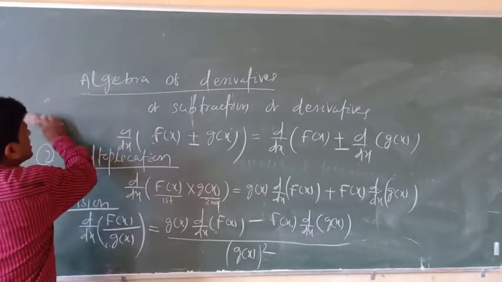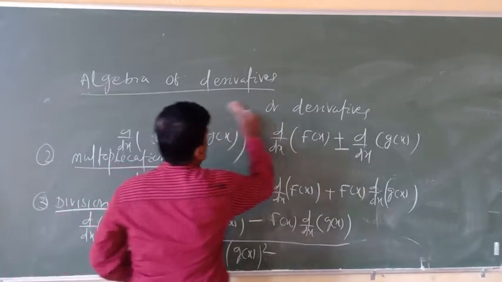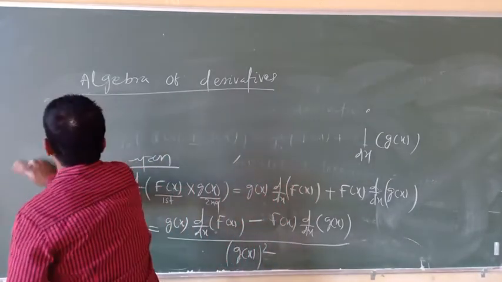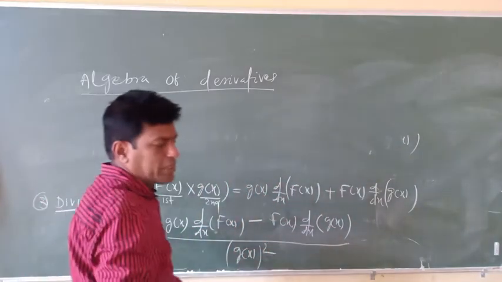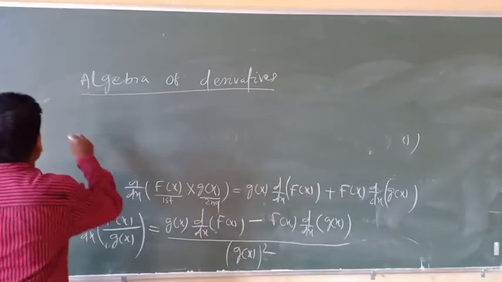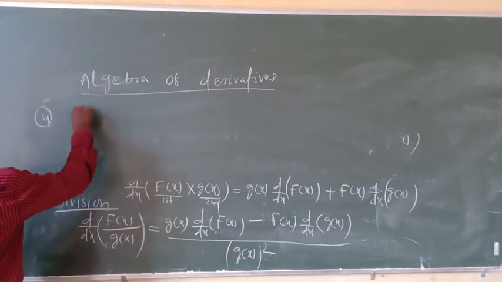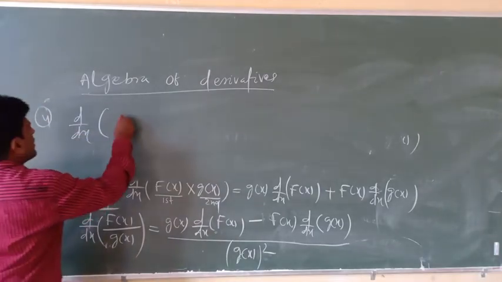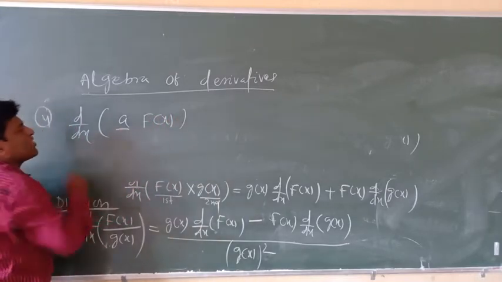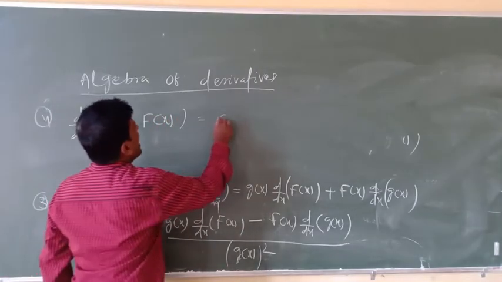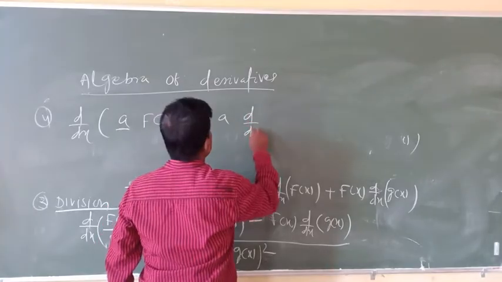There is another one, I am going to write it, number 4. If a scalar multiple is there, that is 4: d by dx of a into fx, where a is a constant, then a can be taken outside of the derivative, d by dx of fx.